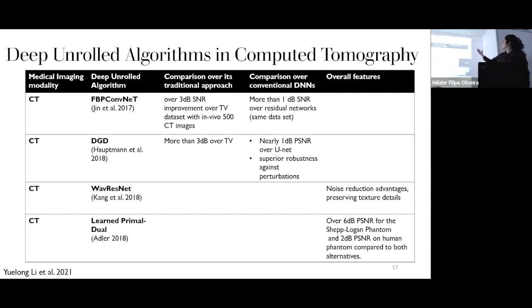And comparing with deep neural networks, it's around 1 decibel of increment, and they increase the robustness in the case of the deep gradient descent method against perturbations. Also, they show another type of advantage, preserving texture details of the image.